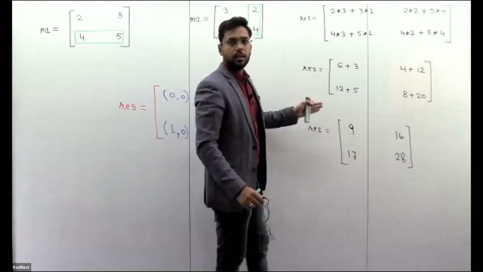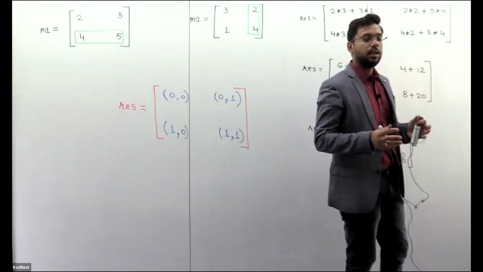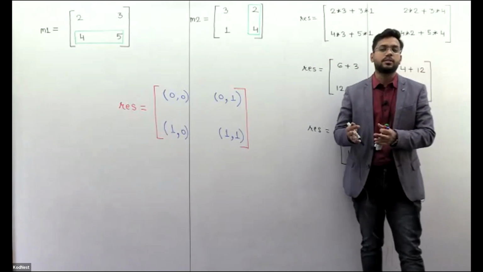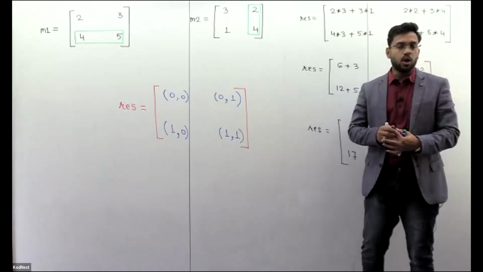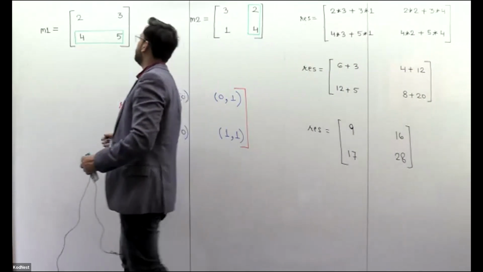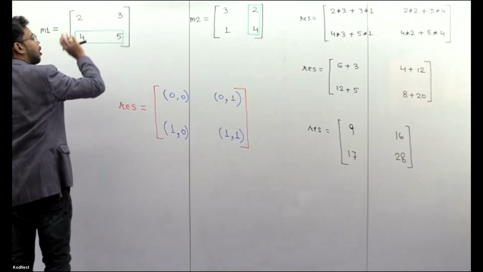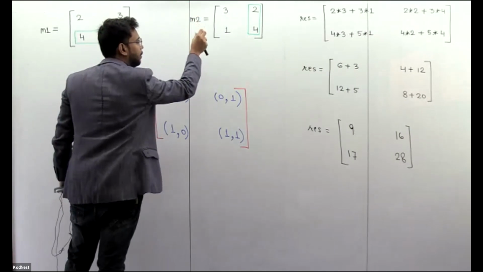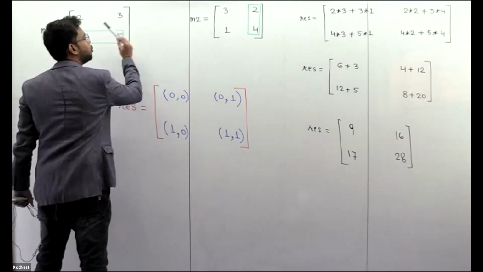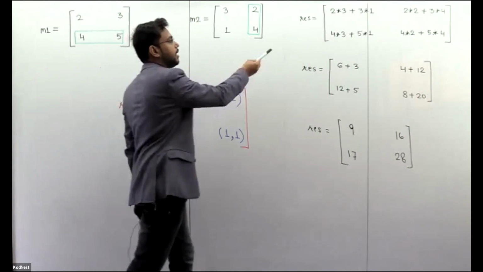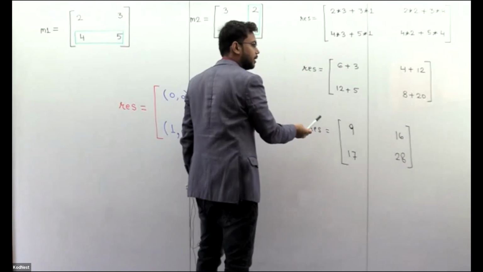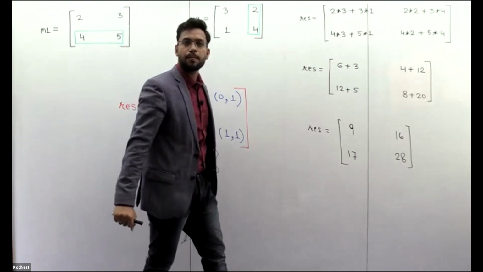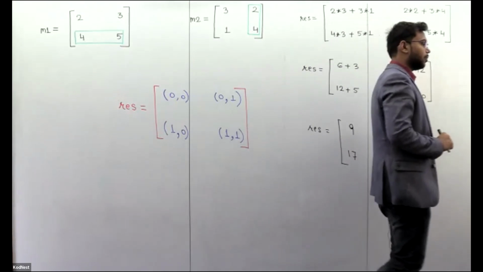In this particular manner, you have to find the multiplication of 2 matrices. So here what you have to do, you have to consider the rows of M1 and column of M2. And how you have to multiply those elements, that only I have explained you over here. I hope it is clear with you.